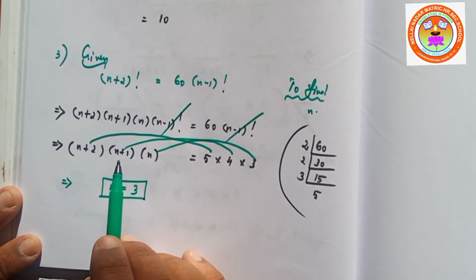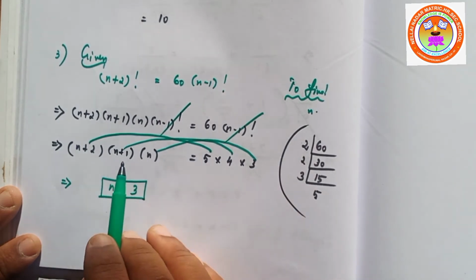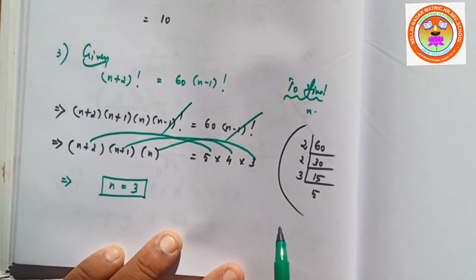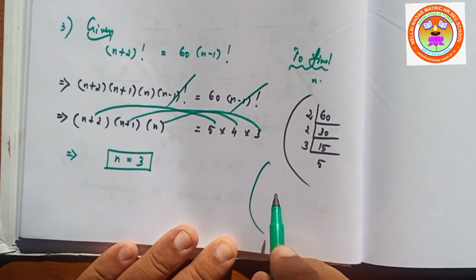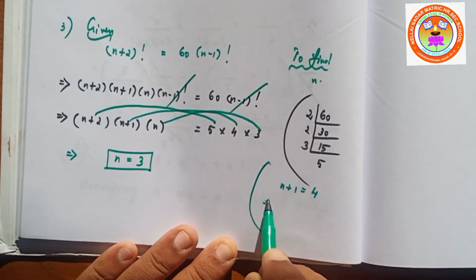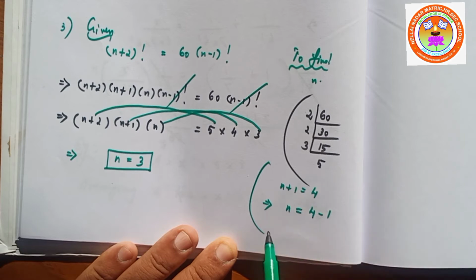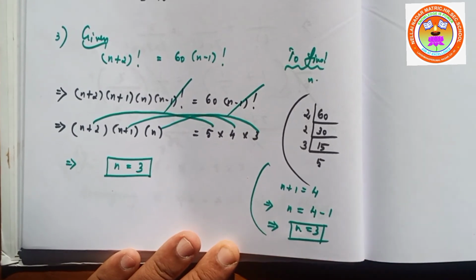Even if we consider n plus 1 is equal to 4, this is not necessary, it's only for your reference. If n plus 1 equals 4, then n is equal to 4 minus 1. Plus 1 goes to the right hand side as minus 1, therefore n is equal to 3. We will get the same answer. So over.